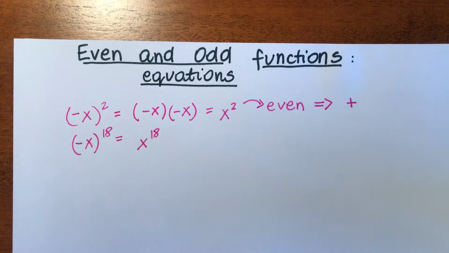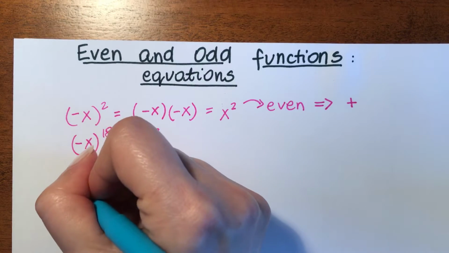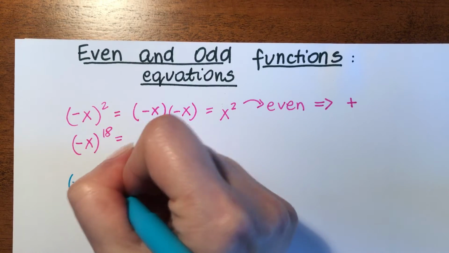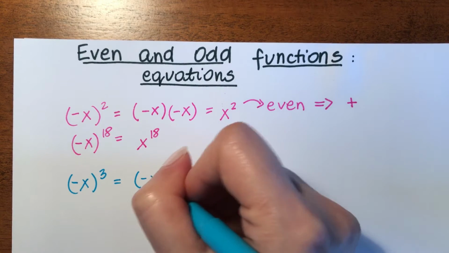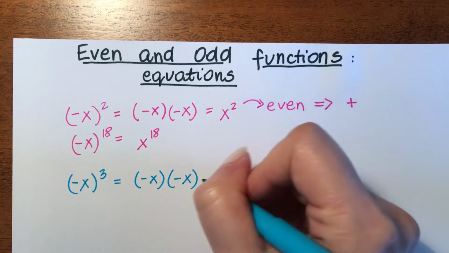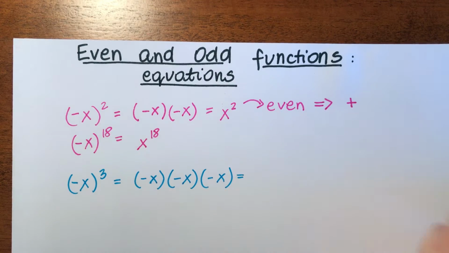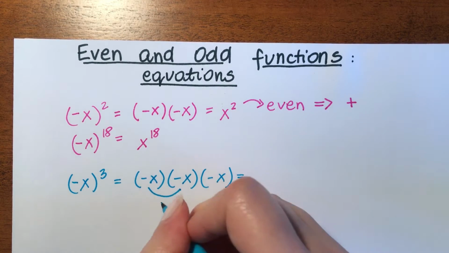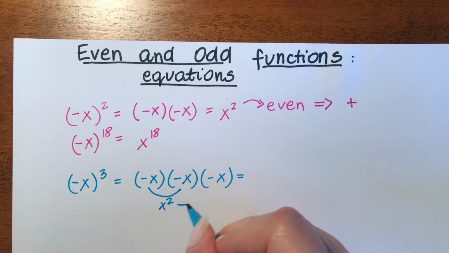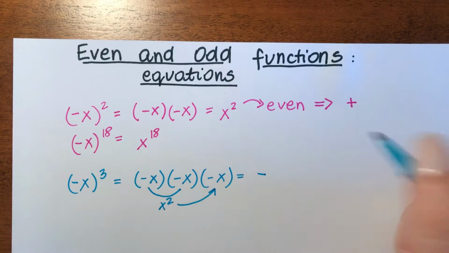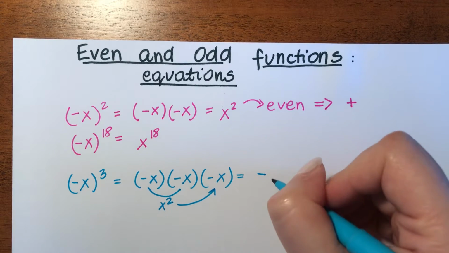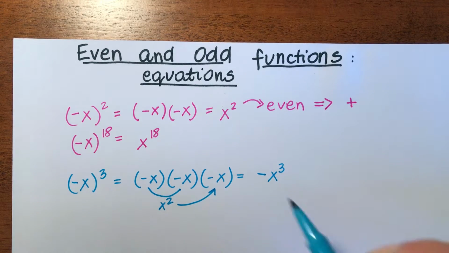Now let's look at odd exponents. So let's say I have negative x to the third power. Well, it's the same as negative x times negative x times negative x. Well, negative times negative is positive x squared, and then x squared times negative x, positive times negative is negative, and then x squared times x is x cubed.